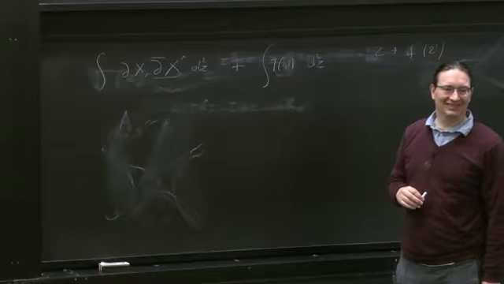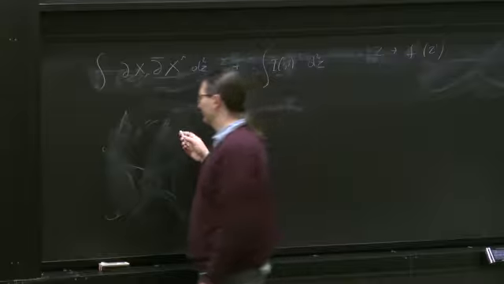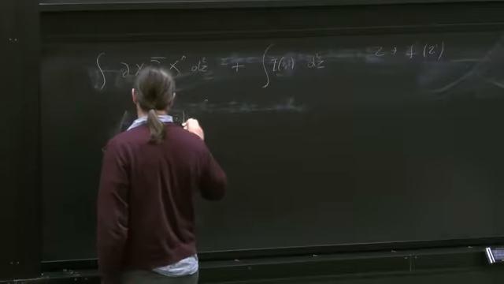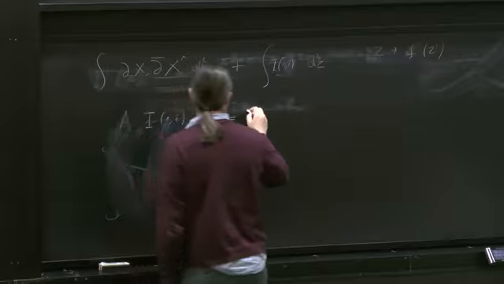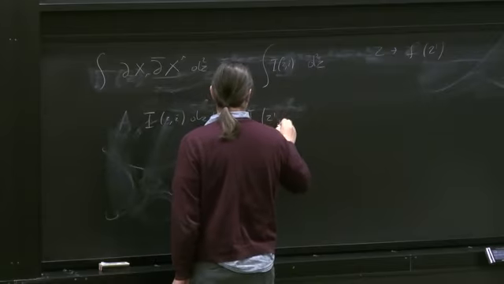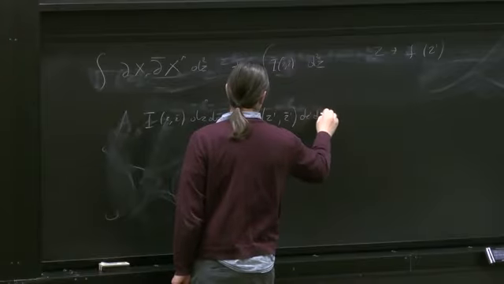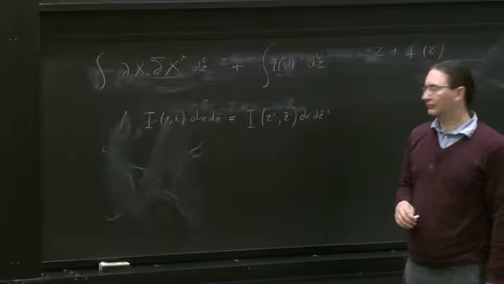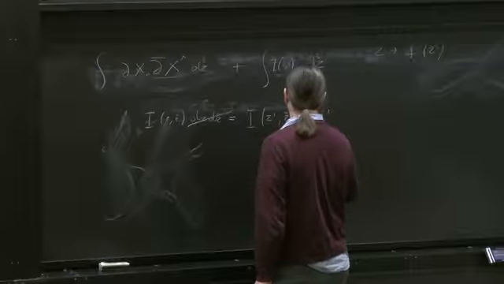There actually would have to be some density, right, that has the correct scaling. So I can write I of z, z bar, d z d z bar, and I want this to be the same as I of z prime, z prime bar, d z prime d z bar prime. I can move this to the other side.